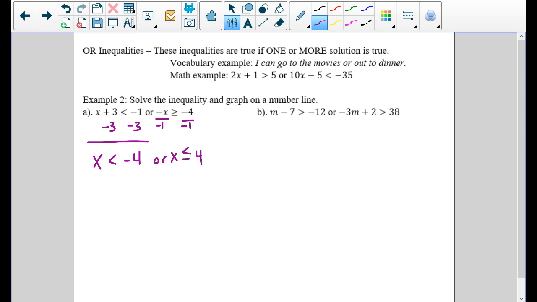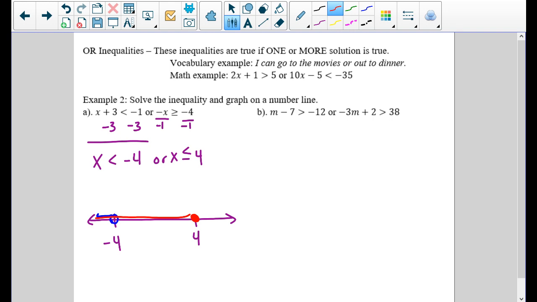Now, let's take a look at this graph. Same idea. I've got a negative 4 and a positive 4. Looking here at the left side, x is less than negative 4, open circle, shading to the left. And then I also have x is less than or equal to 4, so here's going to be a solid circle. x is less than, so it's shading to the left, and it actually overlaps that.